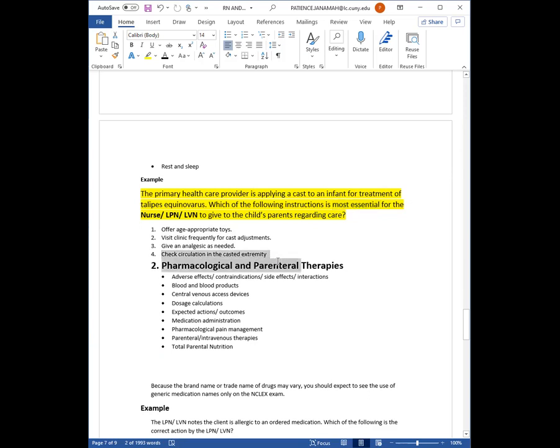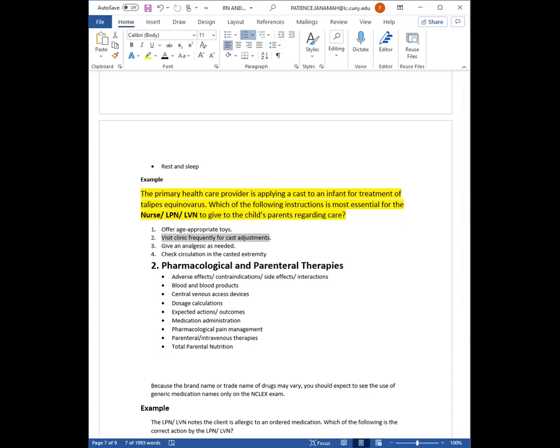All these things you will do, you offer age-appropriate toys, that's fine, I will do that, but I'm not crazy about that one right now. To visit the clinic frequently for cast adjustments, yes, you want the mother to continue following up with the clinic for frequent checks to see if it needs to be adjusted, because the child is growing and the hand is getting big, the hand too is growing as well.